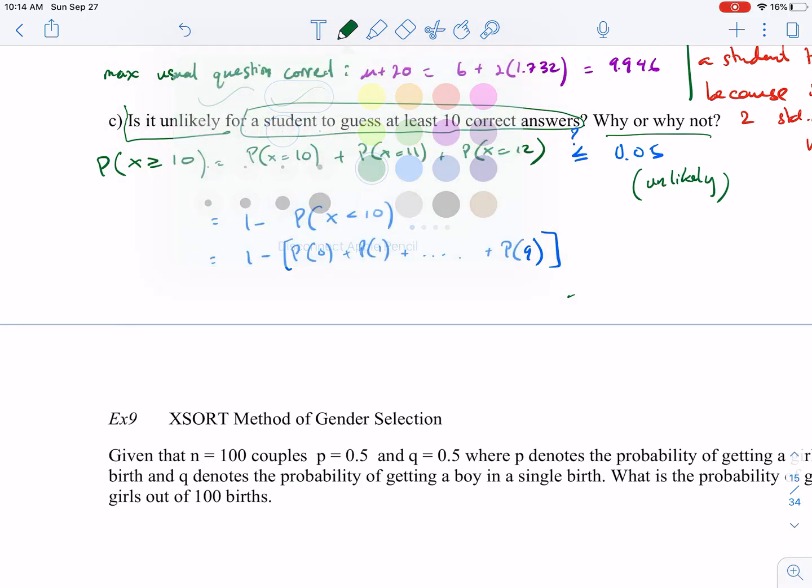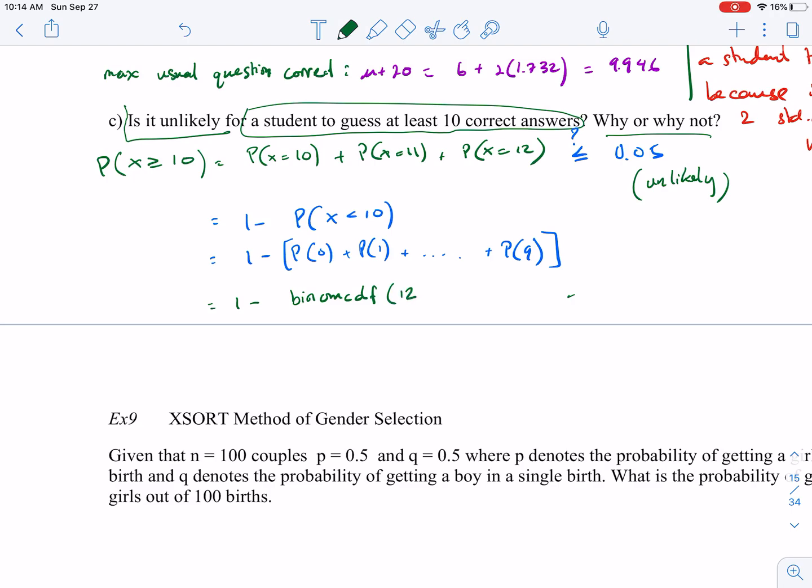But we don't have to do this for all 9 using the formula. We can just use the binomial CDF of 12 questions, 0.5 for each question, and then up to 9, and then that should give us 0.192. That is less than 5%. So we will say that yes, it is unlikely.